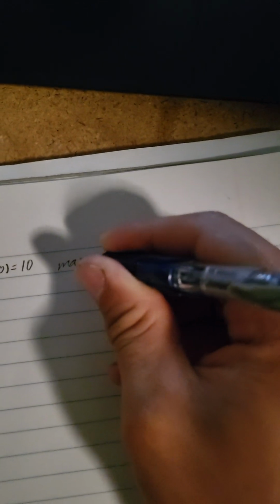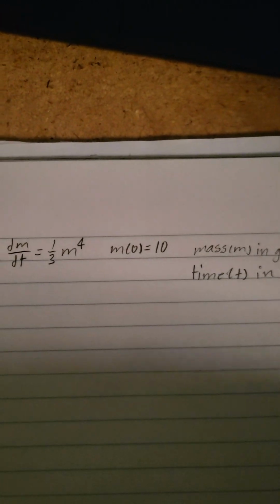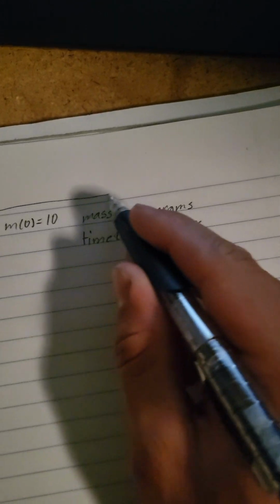So here's A. And we'll just add that mass M in grams and time T in years. So there's part A.